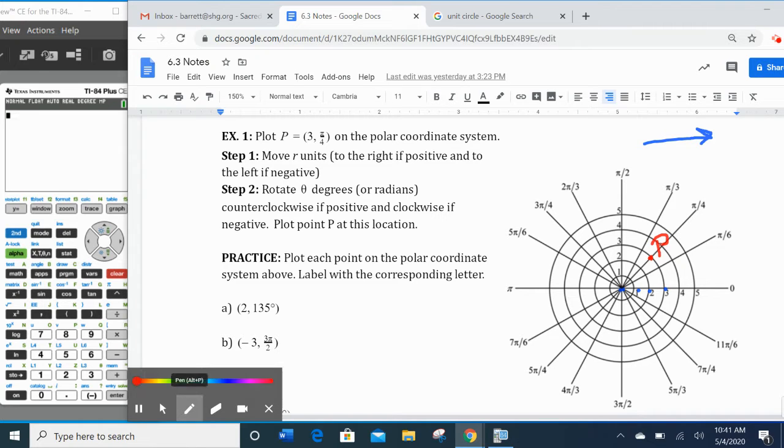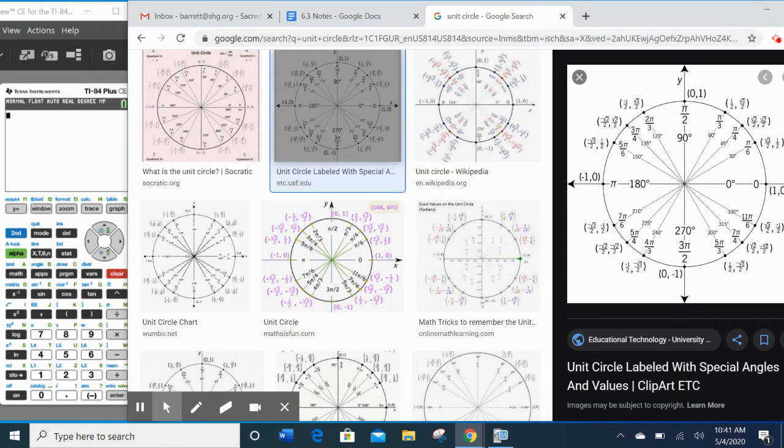If I look at point A here and I'm going to plot point A, that means I want to go out 2 units and then rotate 135 degrees. Obviously this polar coordinate system is in radians. If you need to reference your unit circle as far as where 135 degrees is, you can do that.